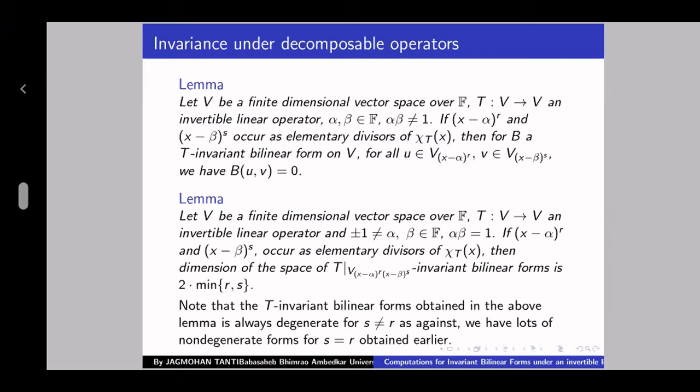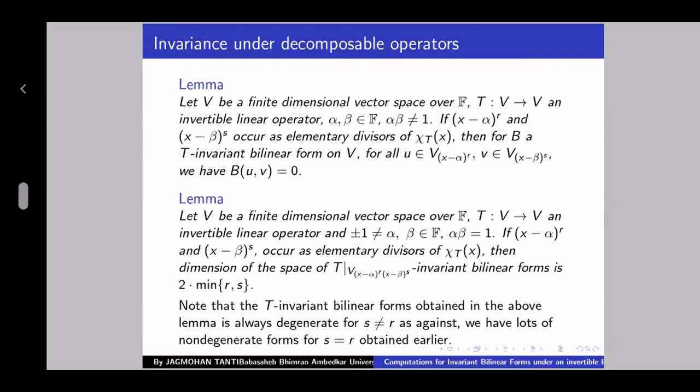So if (x minus alpha) to the power r and (x minus beta) to the power s occur as elementary divisors of the characteristic polynomial of T, then for B a T-invariant bilinear form on V, for U belonging to the null space of (T minus alpha) to the power r, and W belonging to the null space of (T minus beta) to the power s, B(U, W) equals 0. So this is giving us an idea.